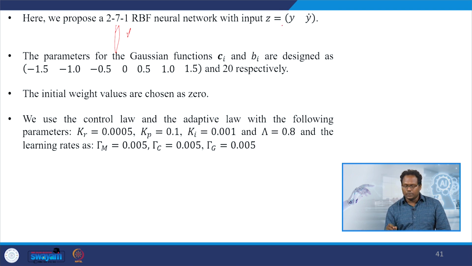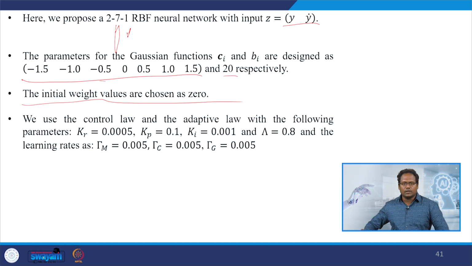The parameters of the Gaussian functions, Ci and Bi, are designed as minus 1.5, minus 1.0, minus 0.50 up to 1.5, and 20 respectively. These are the centers and this is the bias value. The initial weight values are chosen to be 0. It can be chosen sometimes as random values as well, but in this simulation we have chosen 0.